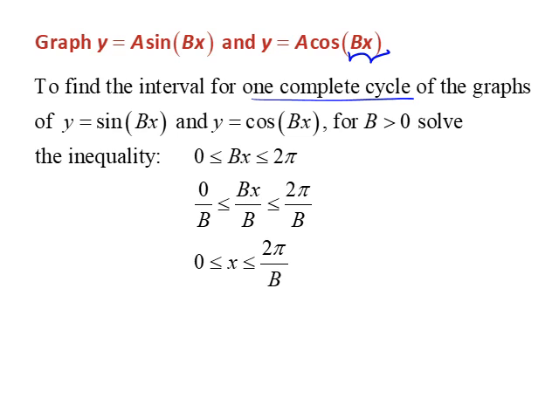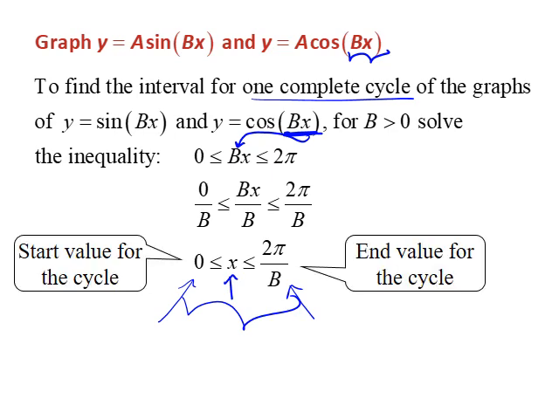But basically, to find one complete cycle, I'll sandwich this in between the interval 0 and 2 pi, because that's your basic period for your parent function, and then solve for x. And then this will tell you where the cycle starts and where the cycle ends. And we'll see this again in the future.